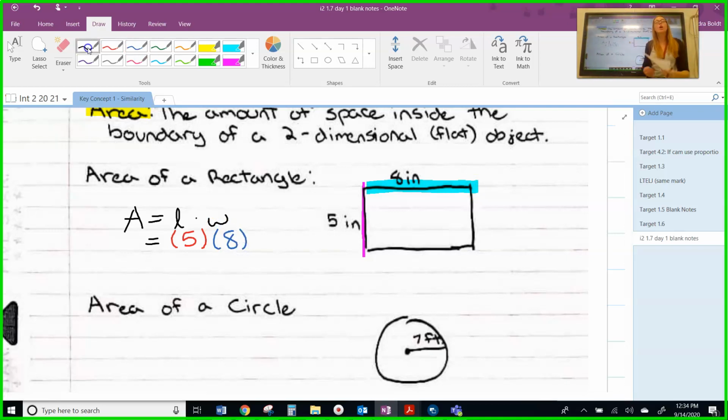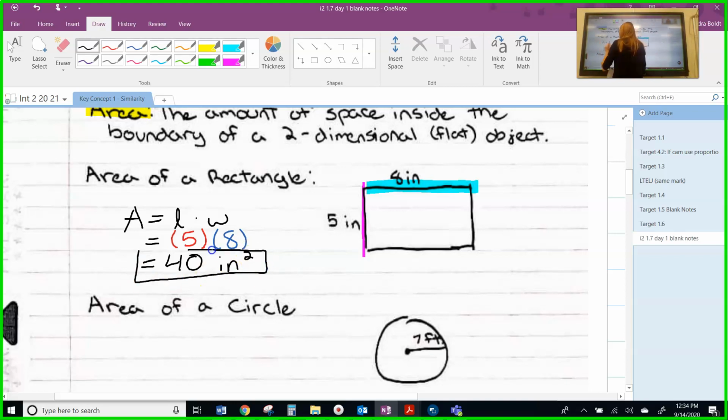We're just multiplying. You can always use a calculator to multiply. So 5 times 8 is 40. Then we need our units, inches. And since it's two-dimensional, our units are squared. So the area of a rectangle is just length times width.